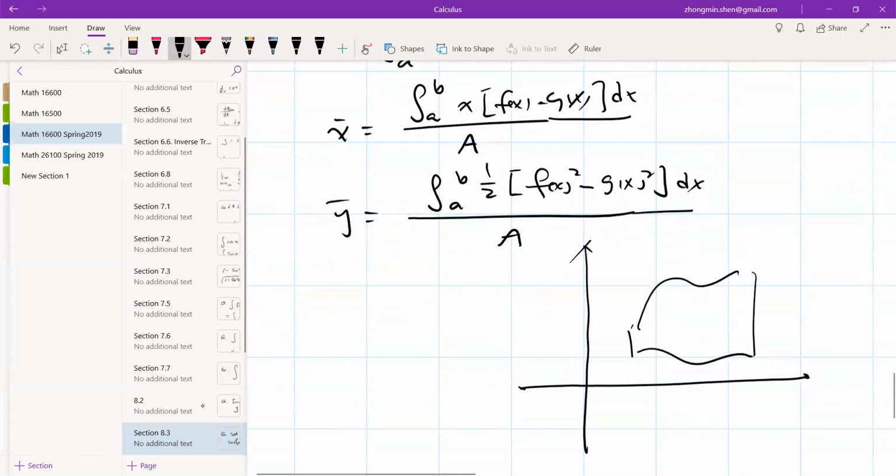The idea is I project this whole piece onto the x-axis. At every point, the density function is going to be the difference of these two functions, the length.